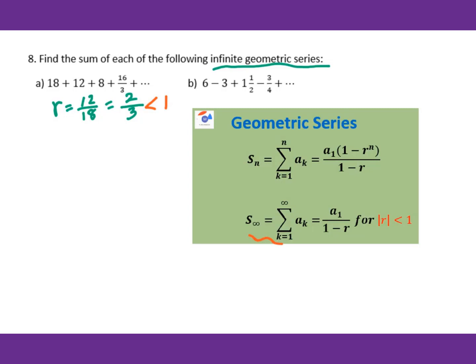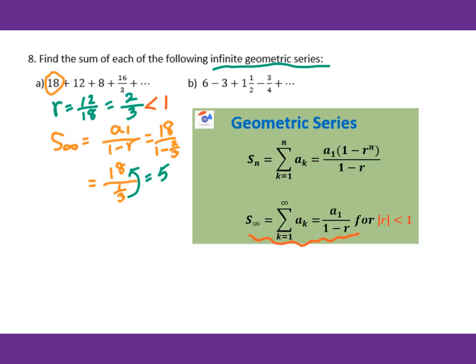Therefore, you can use this infinite geometric series formula: S sub infinity equals a sub 1 over 1 minus r. a sub 1 is 18. So 18 over 1 minus 2 over 3. You will get 18 over 1 over 3. So you will get 54.